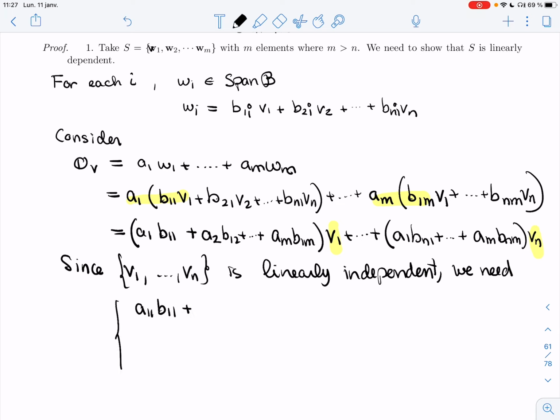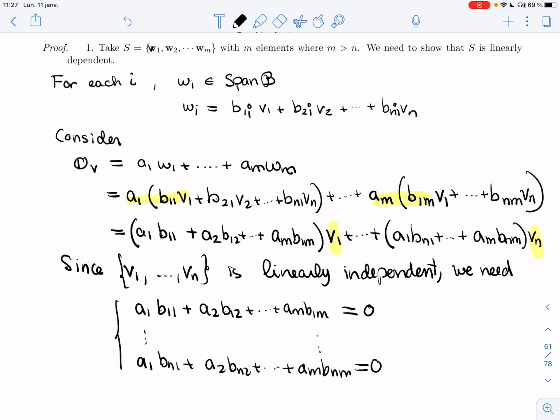So a1 b11 plus a2 b12 plus up to am b1m needs to be equal to 0. And a1 bn1 plus a2 bn2 plus am bnm has to be equal to 0.